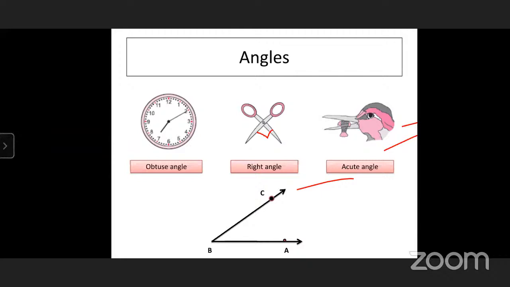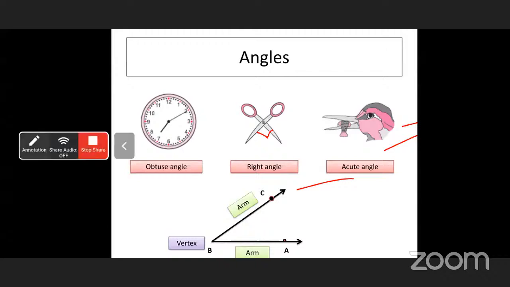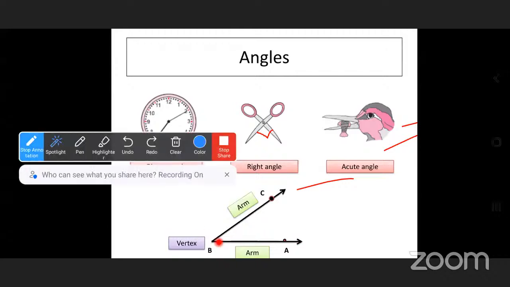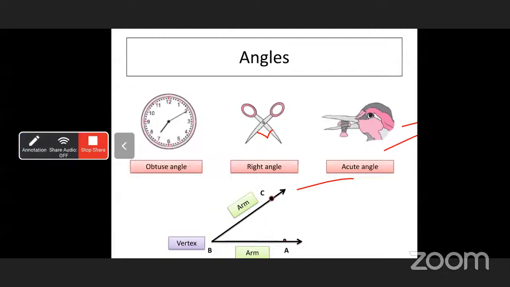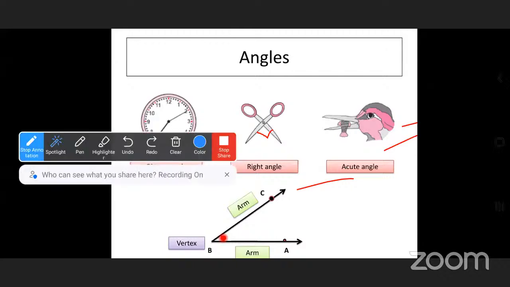Now these rays BA and BC are the two arms of the angle. The angle has two arms and one corner point, the meeting point. We call this the vertex. So the angle has two arms in the form of rays and one vertex.